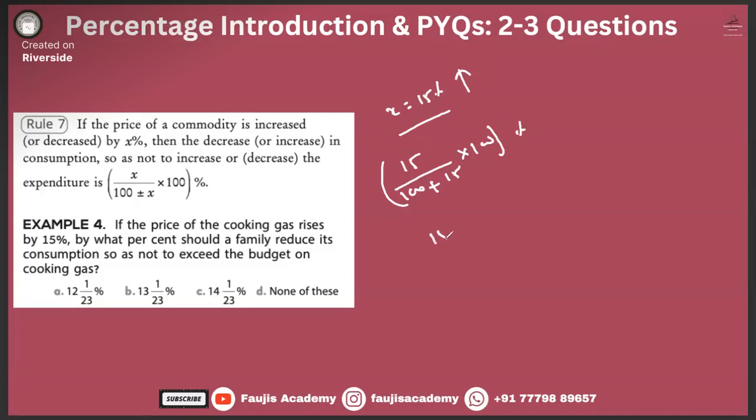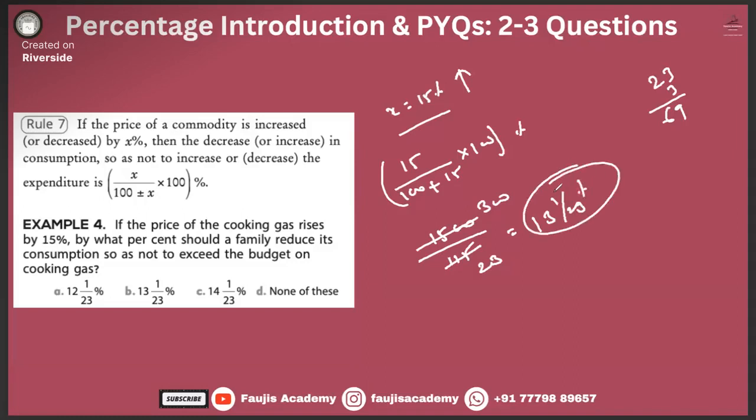That means 15 over 115, which is 3 over 23. Let's calculate. How much is that? 13 and 1 by 23%. B is the correct answer.